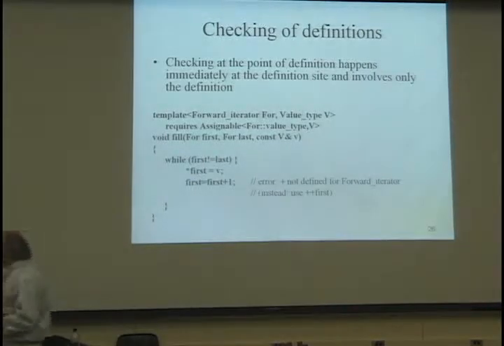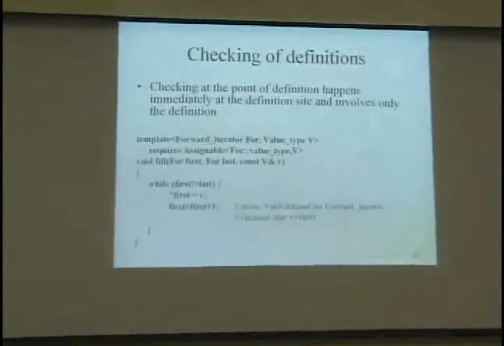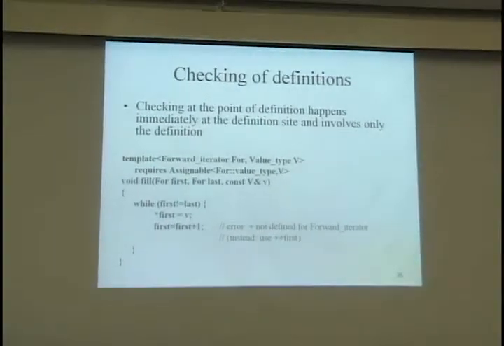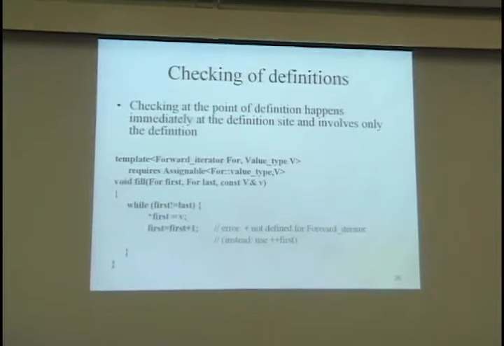Now, this is important because when we build stuff, it's quite hard to test code that is that general. If I'd written this code without concepts, with standard C++98 templates, I could have tested it with arrays, I could have tested it with vectors, and it all would have worked.